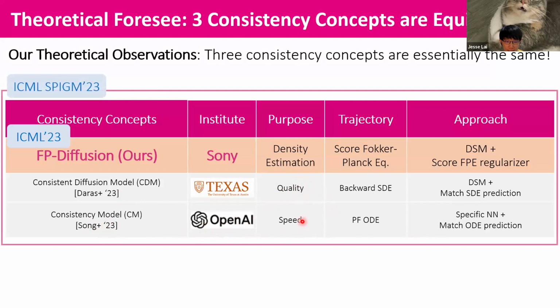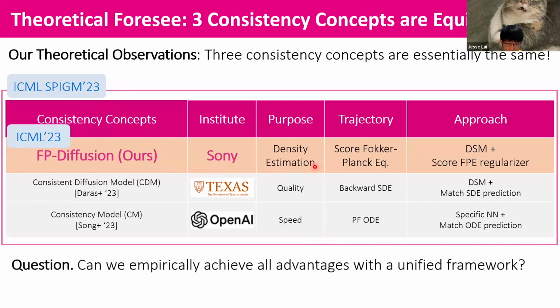However, we found that these three concepts are essentially the same in terms of theory. And this is proved in this short paper by us. So the question now is, can we empirically achieve all of these purposes, like good density estimation, good sample quality, and fast sampling with a unified framework?